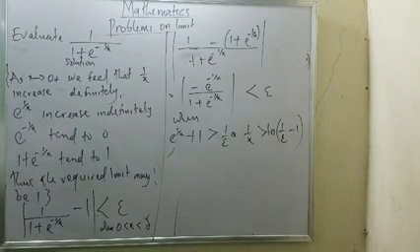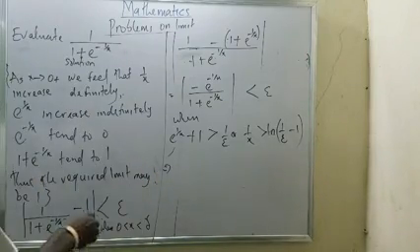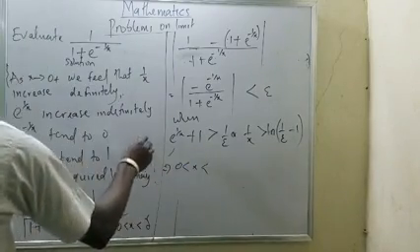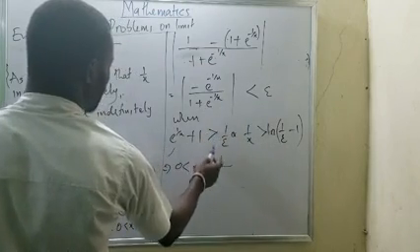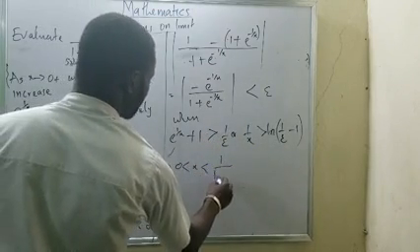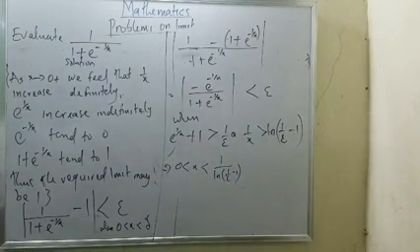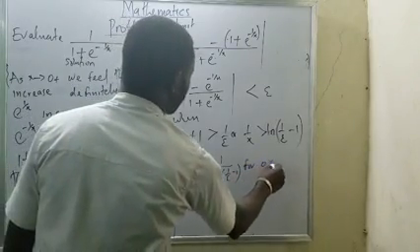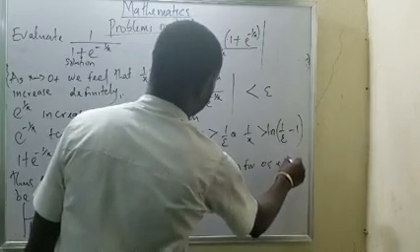Since I have it this way, it implies that 0 is less than x, less than 1 all over ln of 1 all over epsilon minus 1, which is also 0 less than x less than 1.